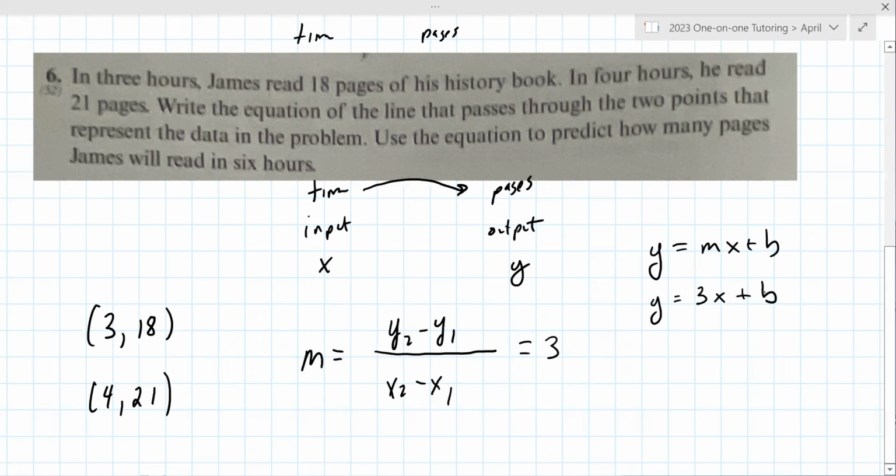And to find b, you need an x and a y. So you have to choose one equation or the other. I like the first equation. So I'm going to write 18 in for y, 3 in for x. Go ahead and solve that for b for us, please.